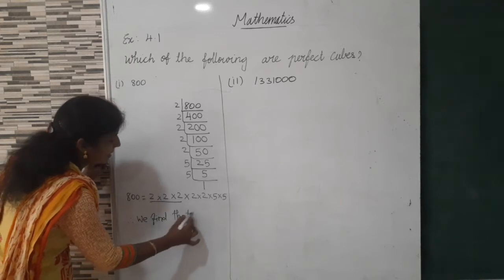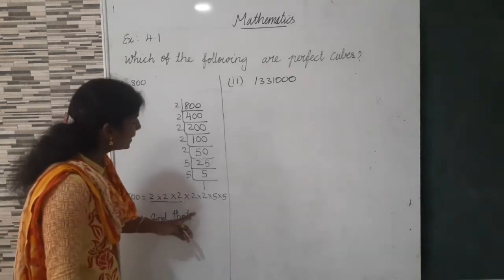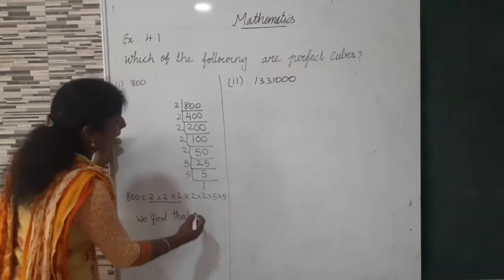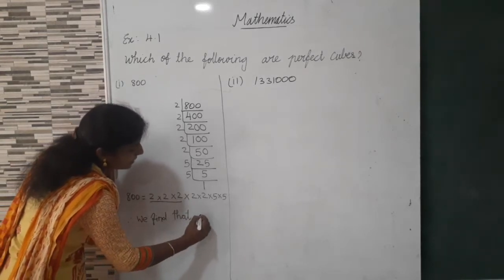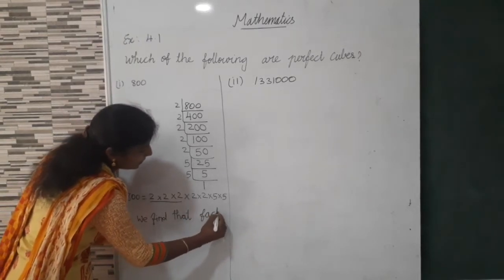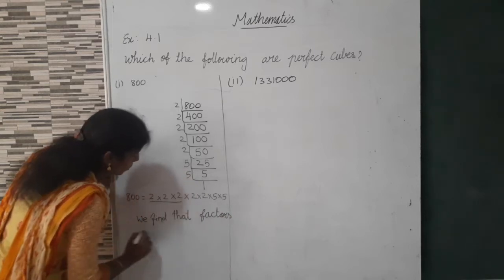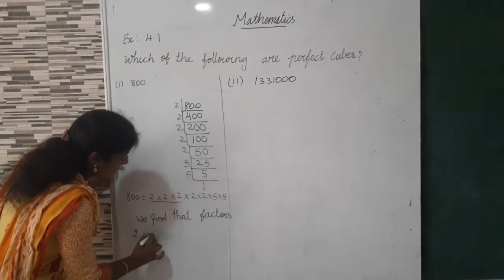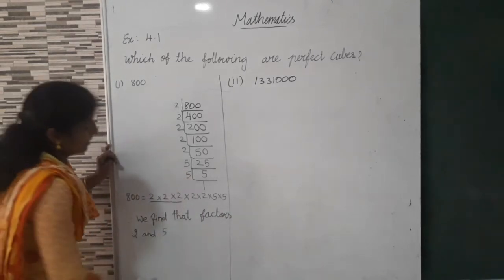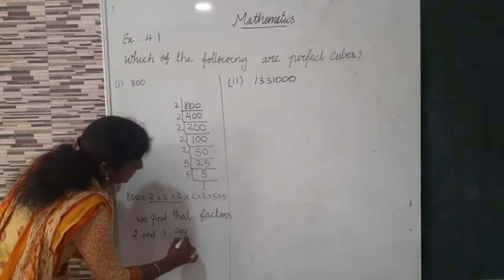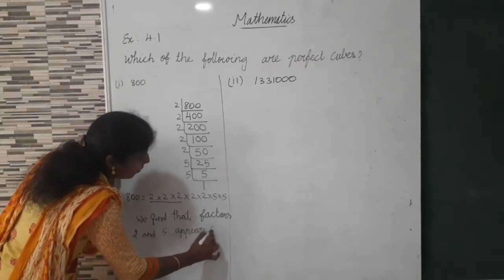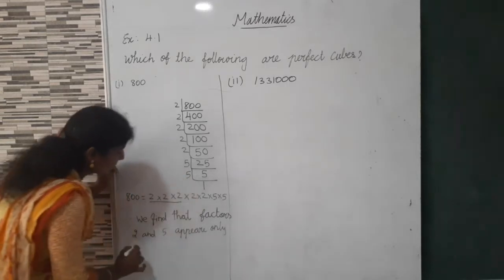Therefore, we find that the prime factors 2 and 5 appear only 2 times, isn't it?